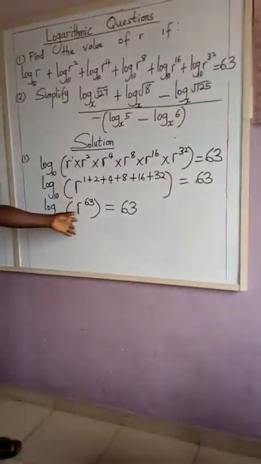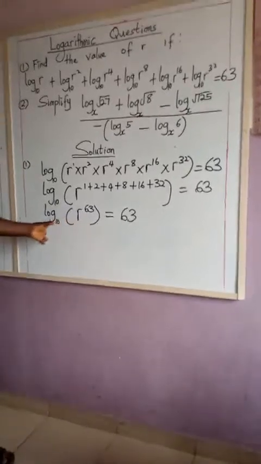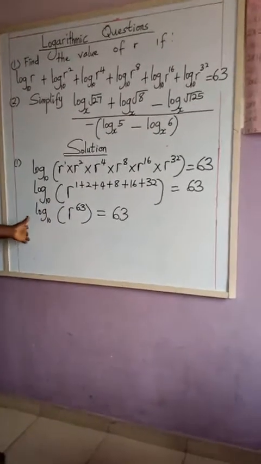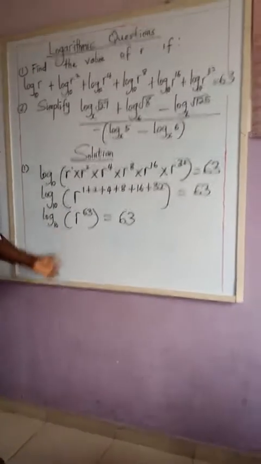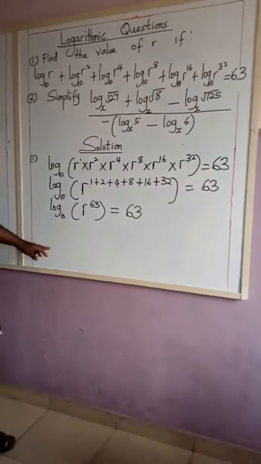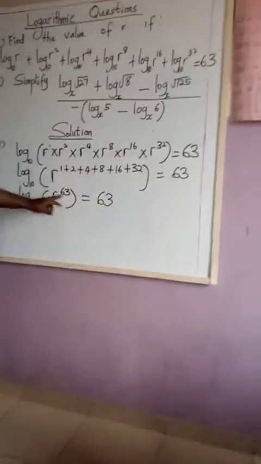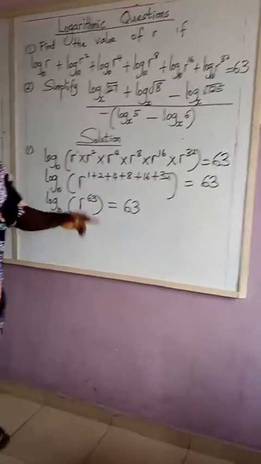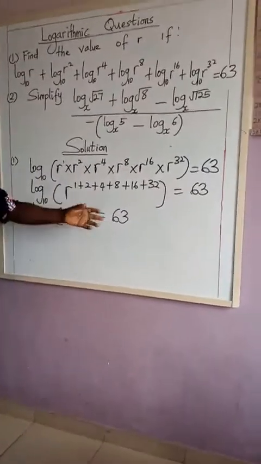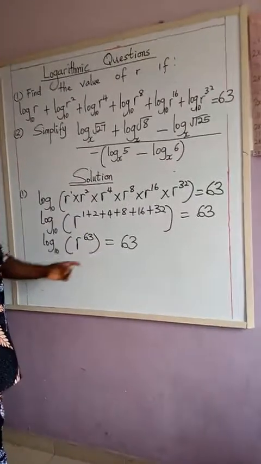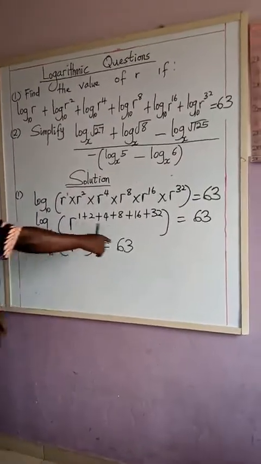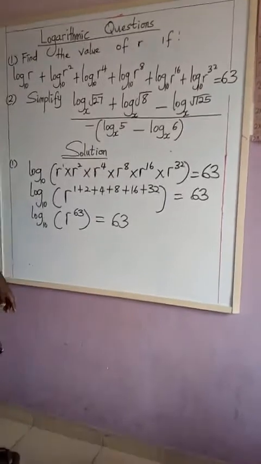Now, what does this expression here mean? The expression at the left hand side. It means what is the power to which 10 must be raised so as to get r raised to power 63. And now we have already known the power to which this 10 must be raised. That is the number at the right hand side here.